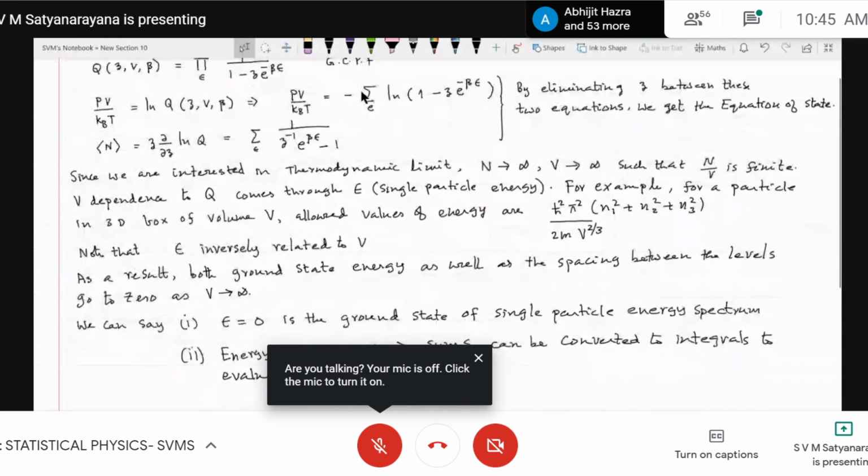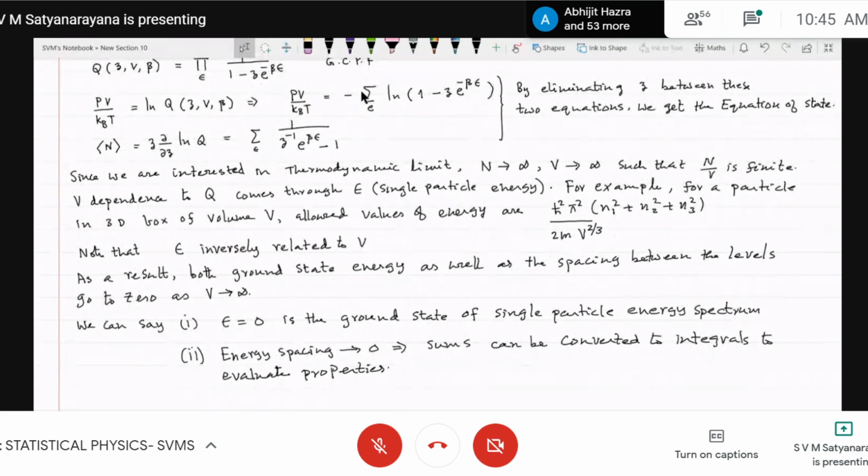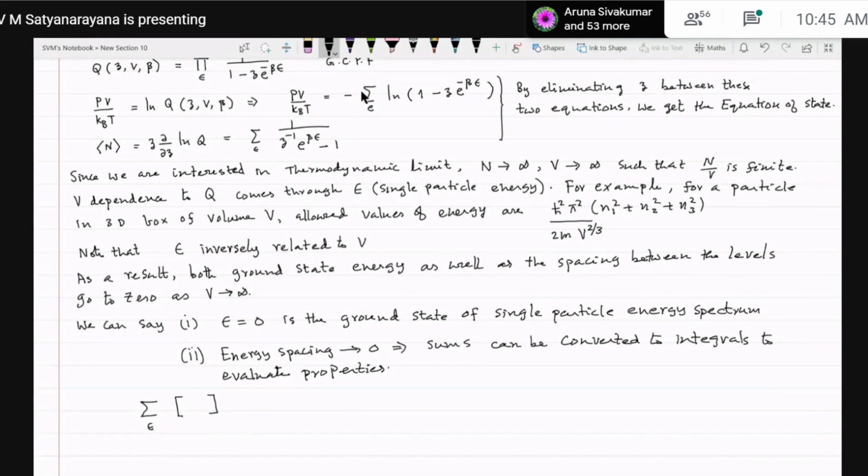But this part came for discussion earlier also. So whenever you have, let's say, a sum over single particle energy, and then there is some expression here, whatever the expression is, now this has to be converted into an integral. That means this has to be evaluated by integrating with d epsilon.